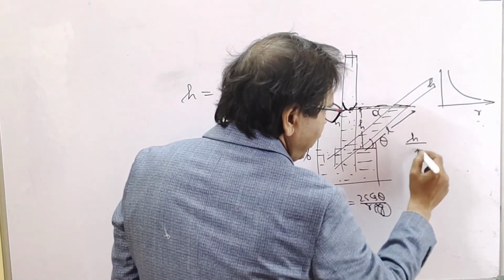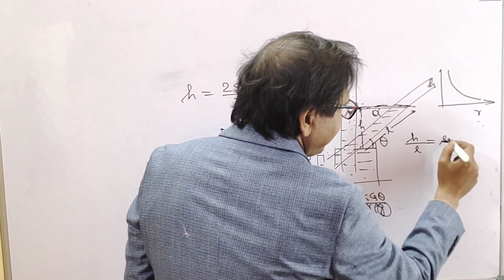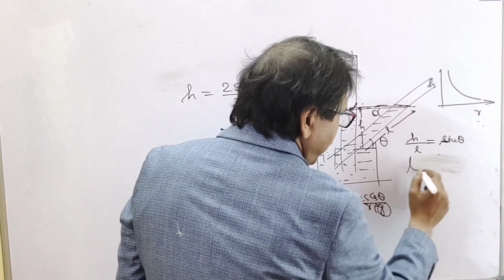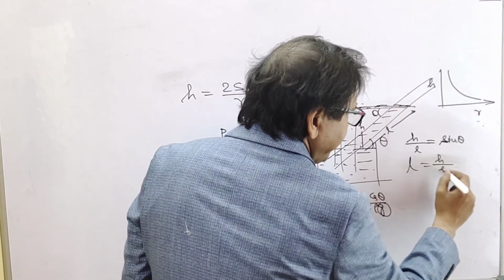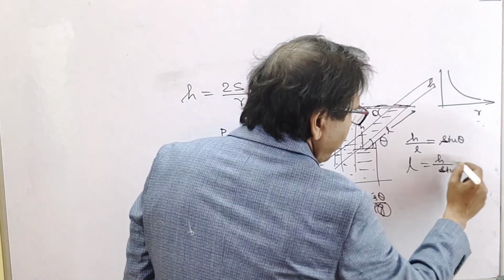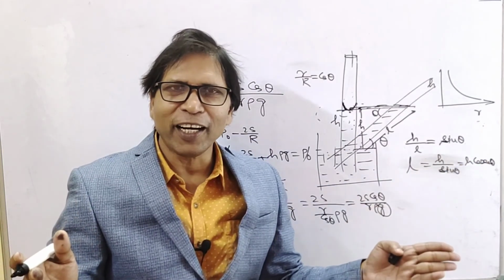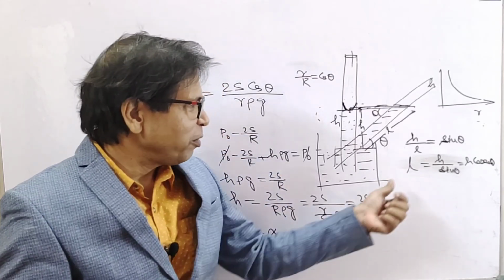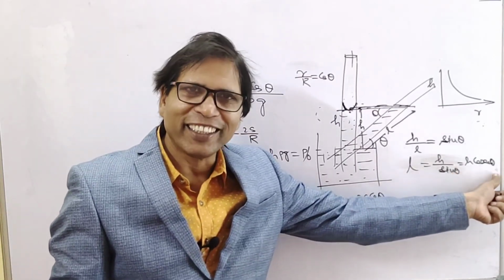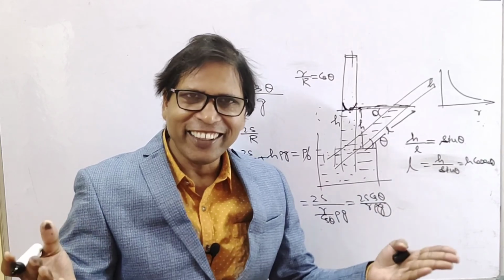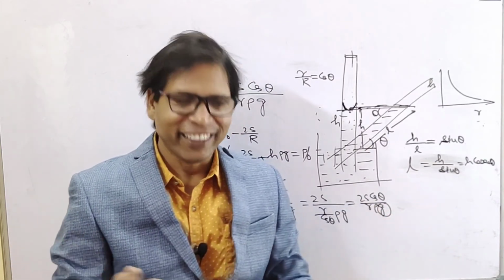So h by L is sin theta. So L equals h by sin theta. Therefore h cosec theta. So the length of the liquid column in the capillary tube becomes h cosec theta. Okay, understood? Now some numericals.